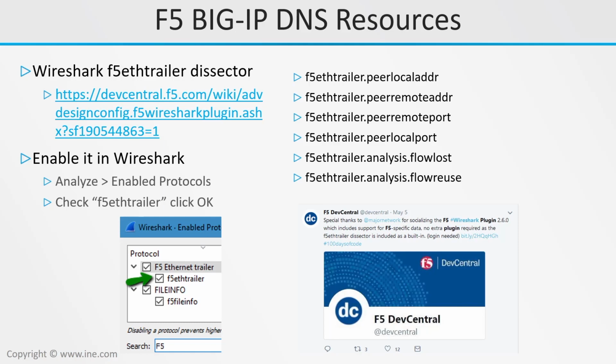All you have to do is go to Wireshark, Analyze, Enable Protocols, and check the F5 ETH dissector. What this does is allow what's called high noise data, or additional data you can capture using some flags in the TCP dump that we'll go into.